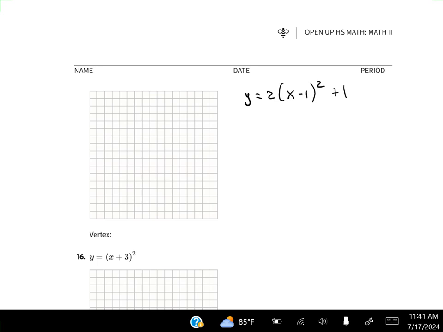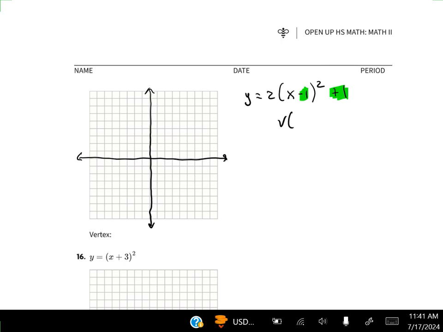once again, first step is to draw in your axes. And once we have that, we can start with the vertex. And once again, the vertex is actually going to be embedded in this because we're in vertex form.